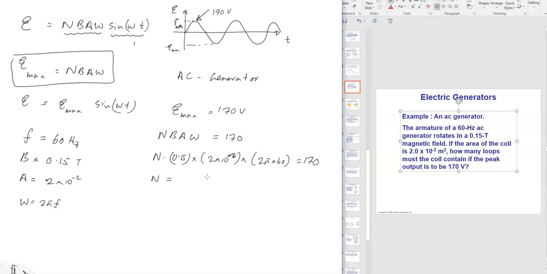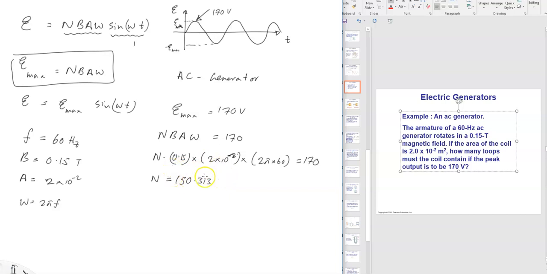Okay, let's take the calculator. 170 divided by 0.15, divided by, I'm going to pause this. Okay, I get 150.313.